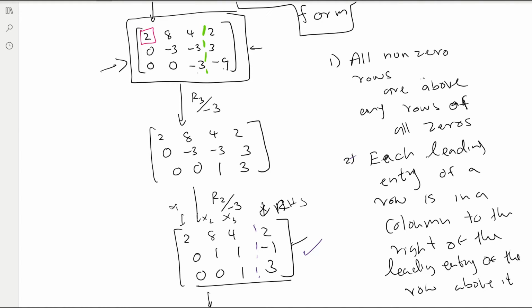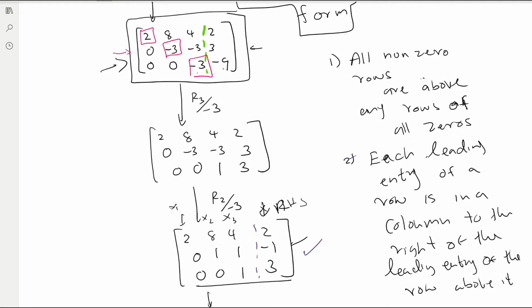Okay, so before that there's nothing. Okay, the second leading entry, of the second row, is -3 because that's the first non-zero number, and look at that, it's to the right of the first leading entry, right? And in the third row, the leading entry is -3. That's the first non-zero number, and that's to the right of the second leading entry, right?